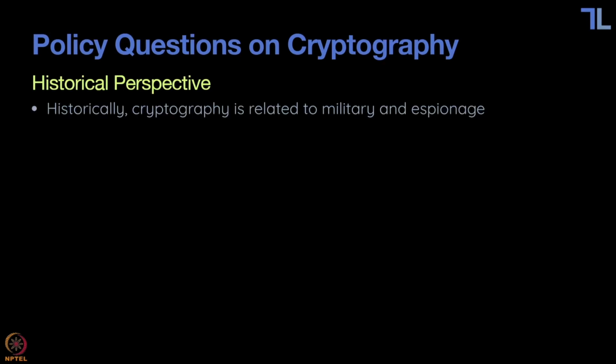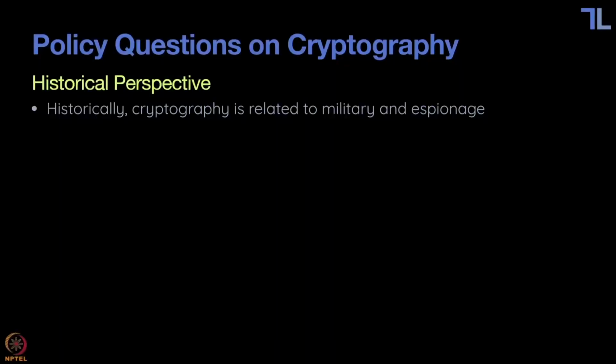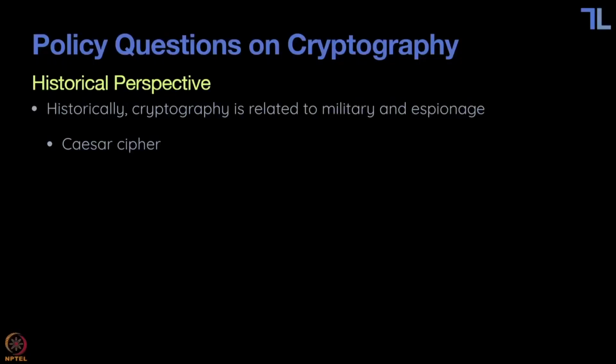And historically, cryptography was considered something related to military and intelligence and espionage, and that's the background from which cryptography was developed through world wars and by the governments. And even if you go way back to the time of Caesar, we know about the Caesar cipher, and that was also in the context of sending secret messages to the military in the field.